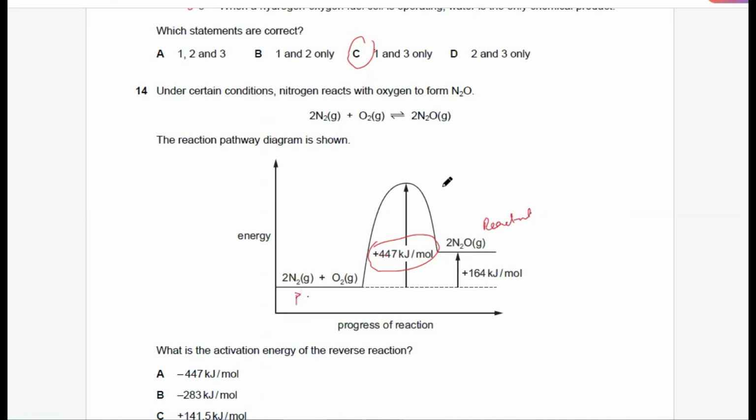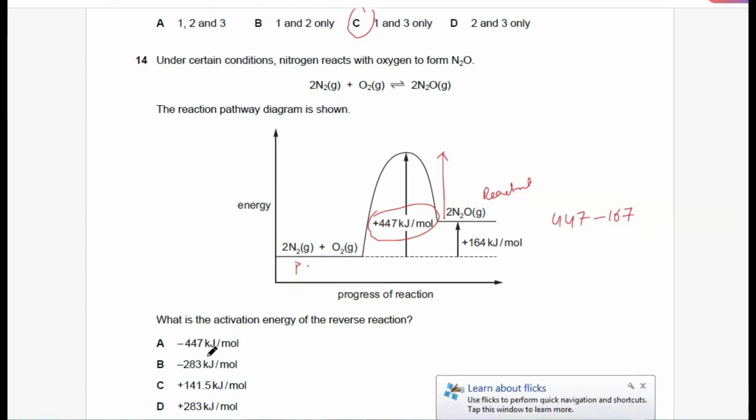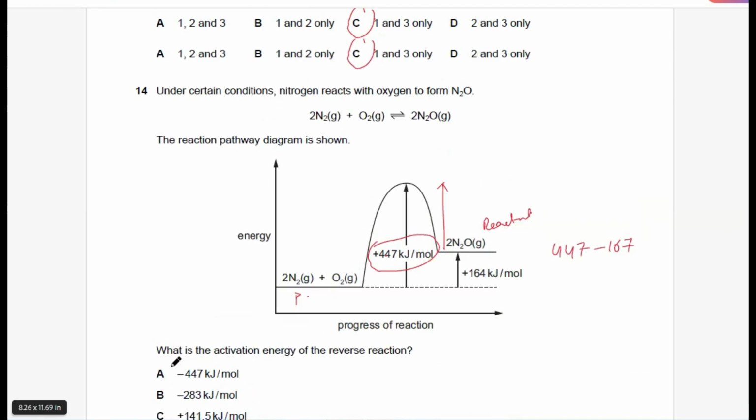So at that time, the activation energy will be from reactant till the peak. So it is 447 minus 167, and it should always be positive. If you just subtract the values, it is D, that is 238. Activation energy is always positive.